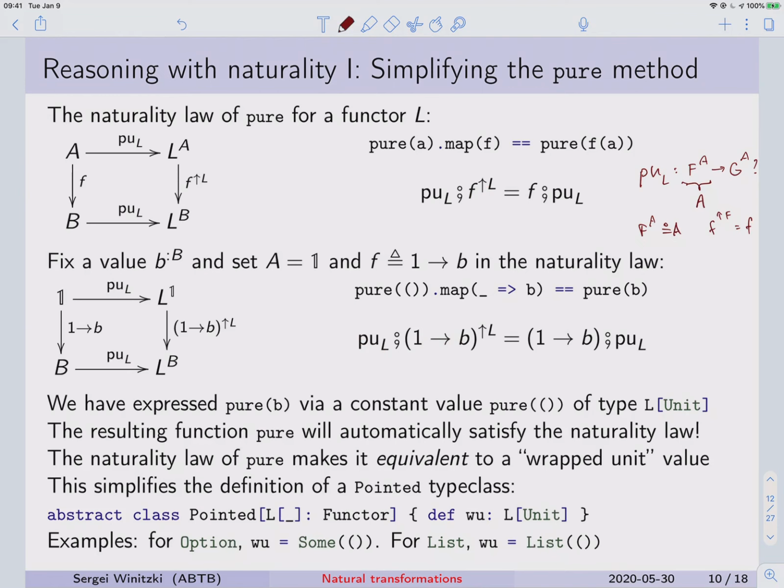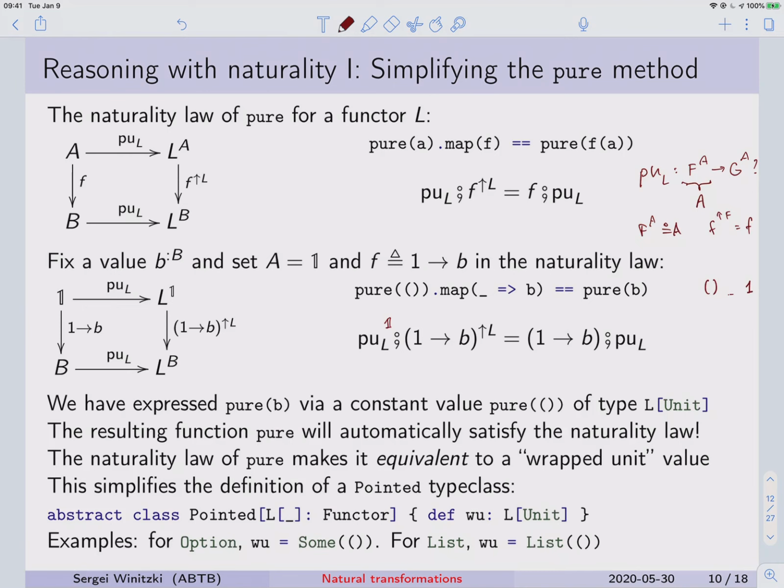Actually, there's only one value of the unit type that we can start with here. So its value is in Scala denoted by the empty parentheses. It's the same as the number 1 without fat lines in my notation.